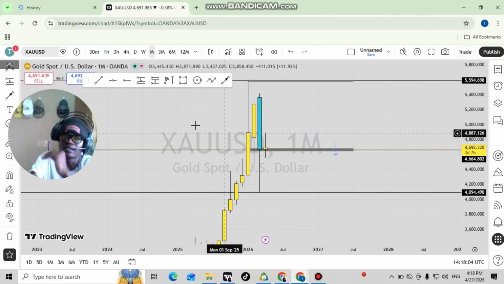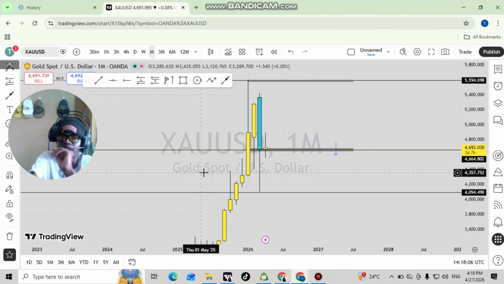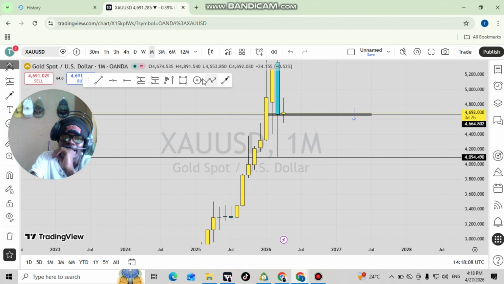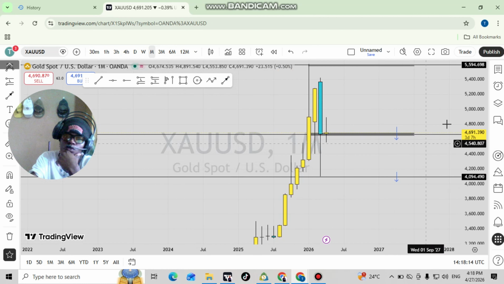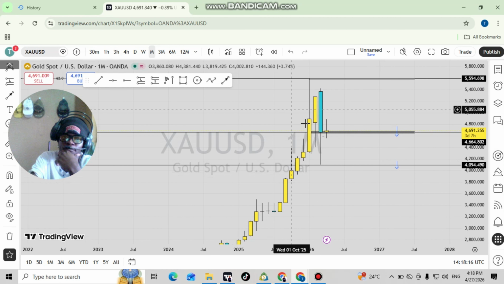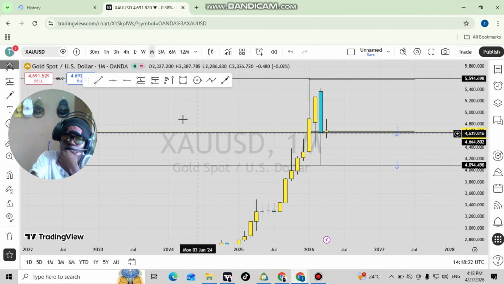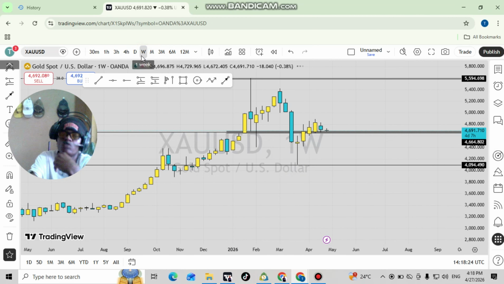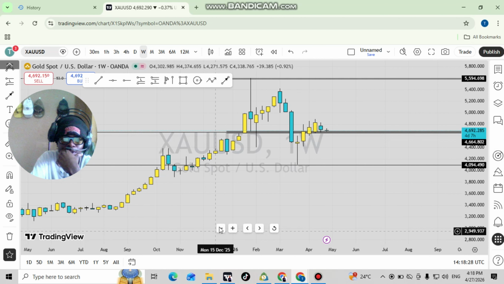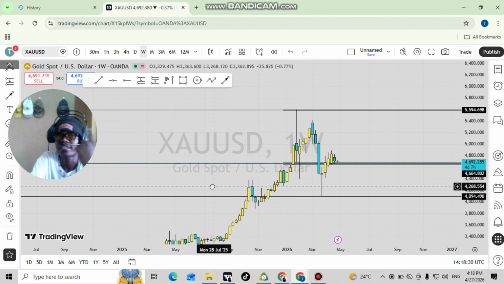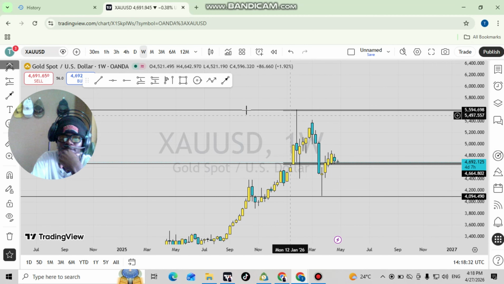If it does that, price is clearly showing us that it could be going down, and if it does that again here, you can just hold yourselves. If price breaks and closes, why not sell? That would be crazy. Mind you, don't forget that price is still trapped in here.